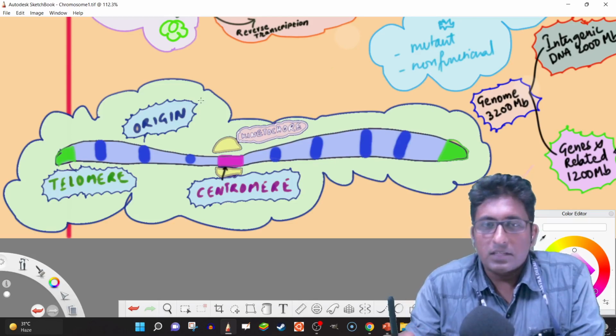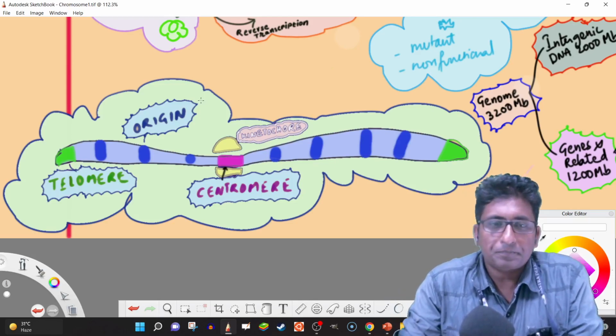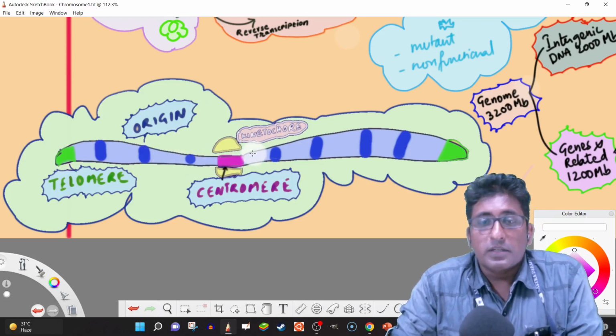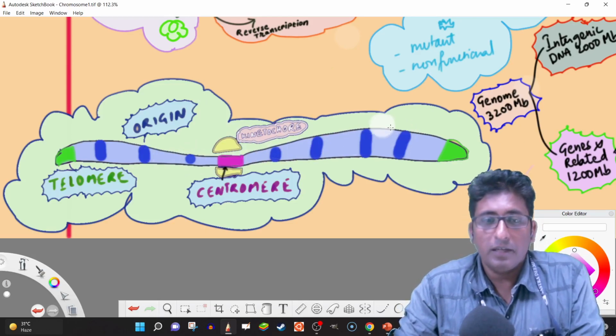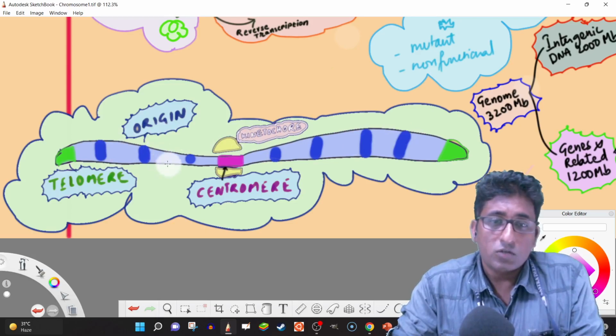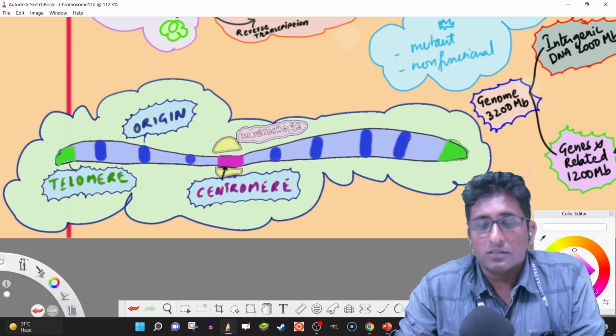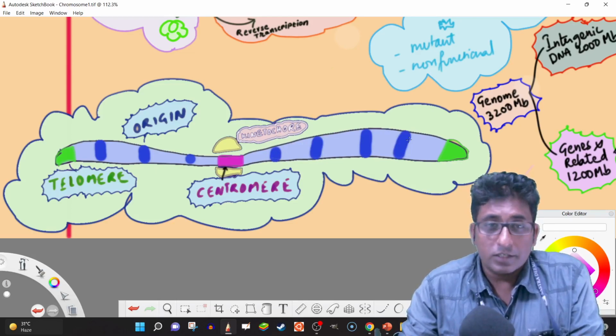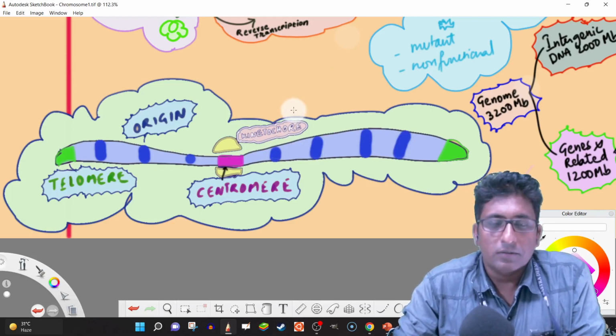There should be mechanisms of replication for it. So in eukaryotes, because they have linear chromosomes and very long DNA, they need to have multiple origins of replication, usually 40 kb apart from each other. And that is the significance of the origin of replication.